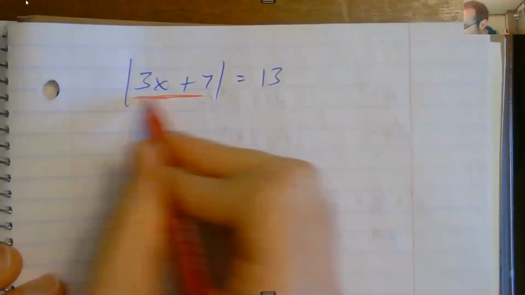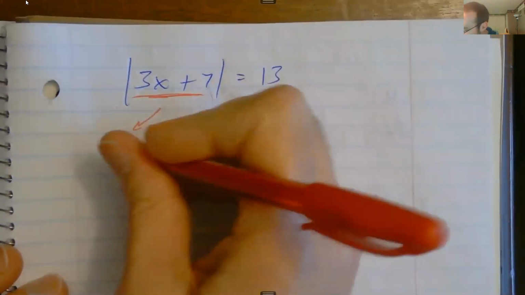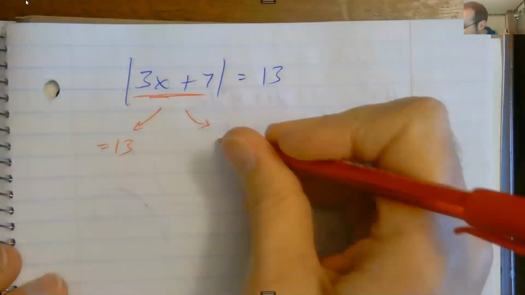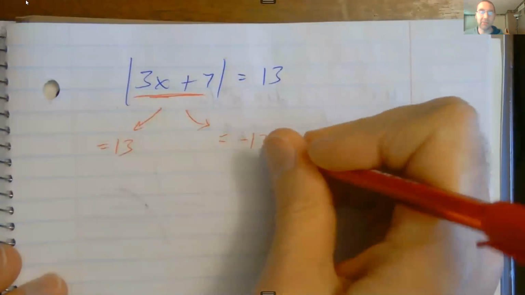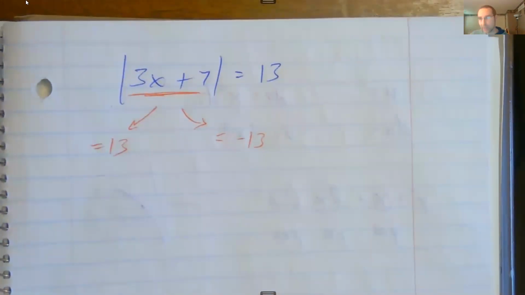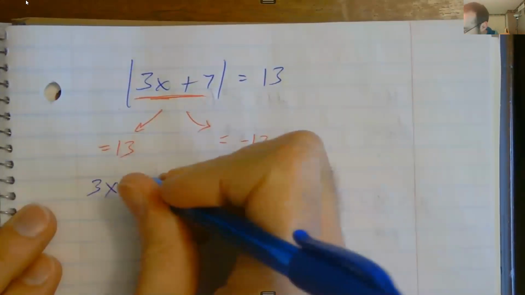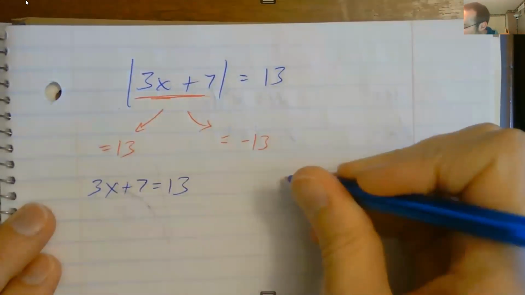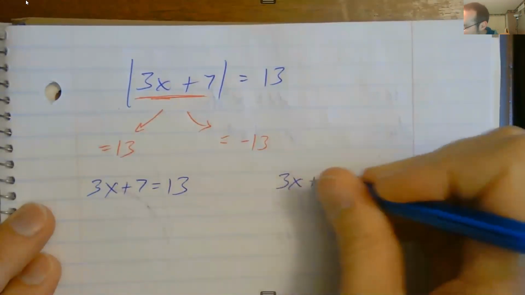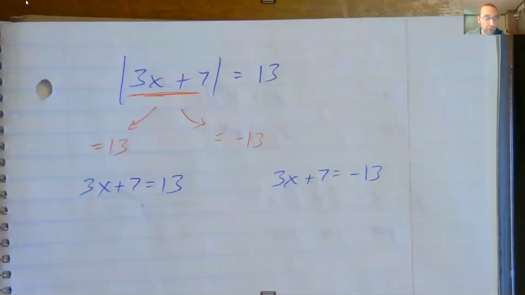What's inside there is either equal to 13, or equal to negative 13. So I'm going to look at the entire 3x plus 7 as one chunk, and we'll solve those two situations. 3x plus 7 is equal to 13, or 3x plus 7 equals negative 13. We'll actually solve both of those.